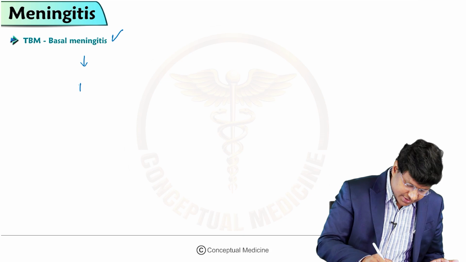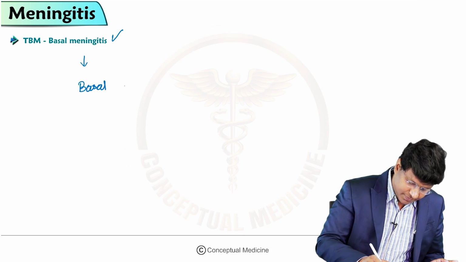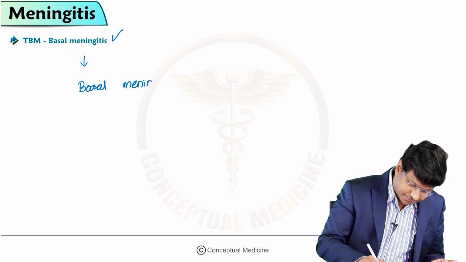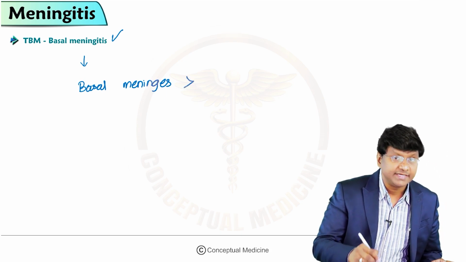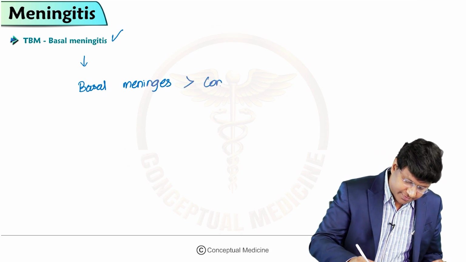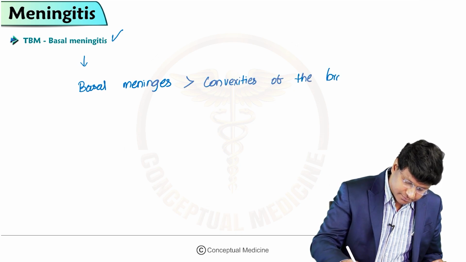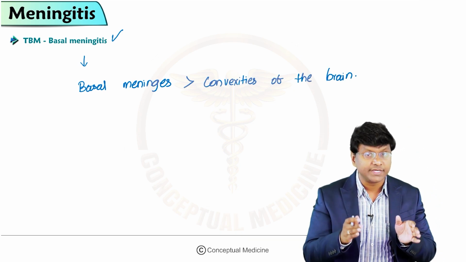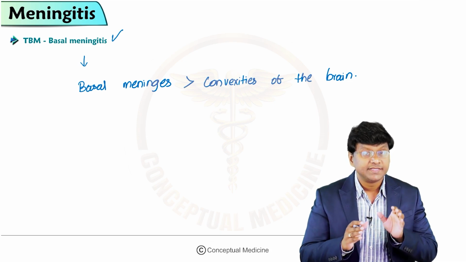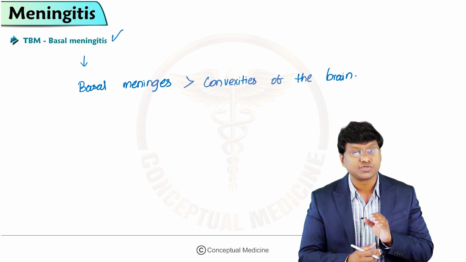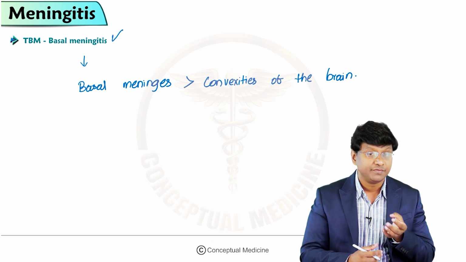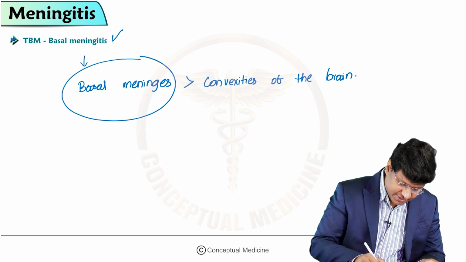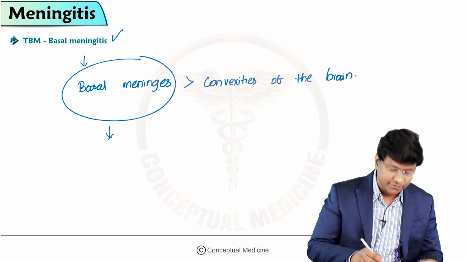So the basal meninges are inflamed more commonly compared to the convexities of the brain, and the brunt of the pathological process falls on the basal meninges, where a thick gelatinous exudate will accumulate.